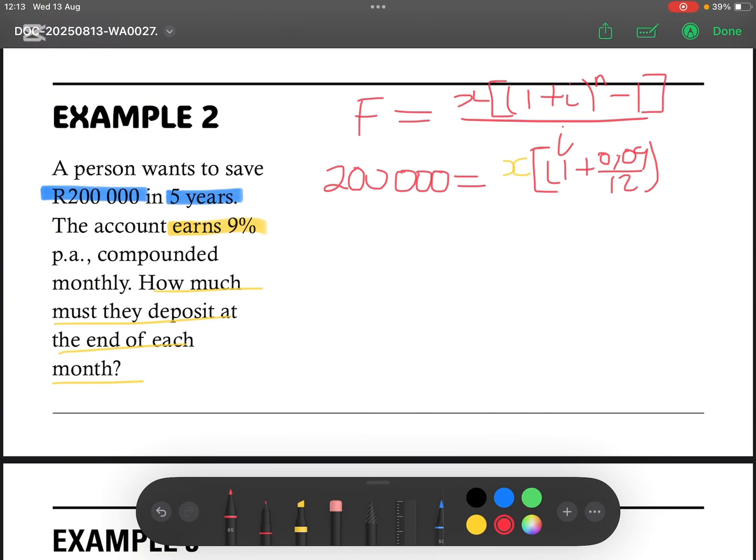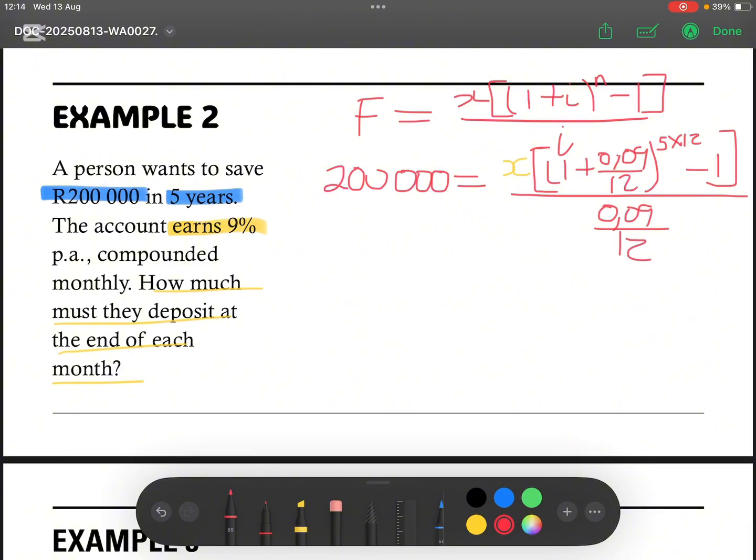Divided by 12, because it's compounded monthly. And then we'll have N, number of payments or the period, that will be 5 years, multiply by 12, it's compounded monthly. And then subtract 1, divide everything by what? By 0.09 divided by 12.